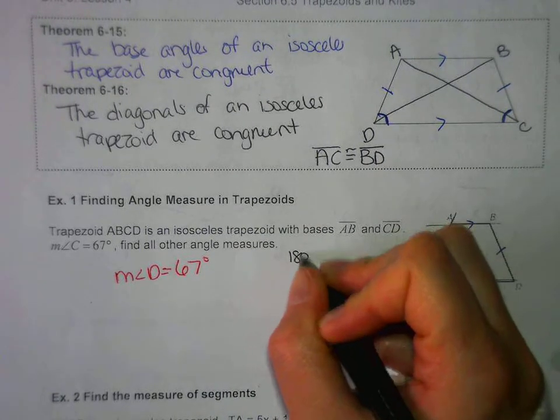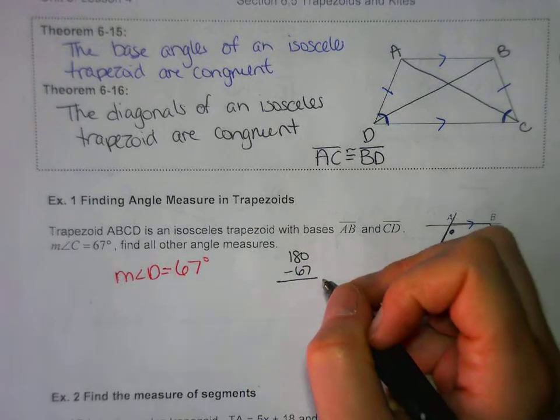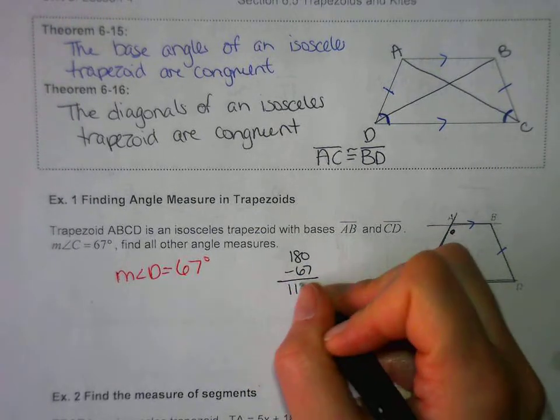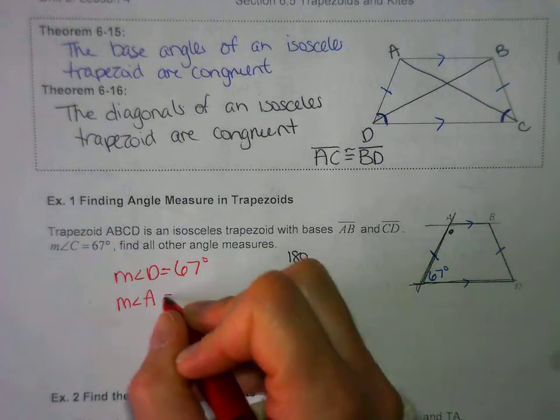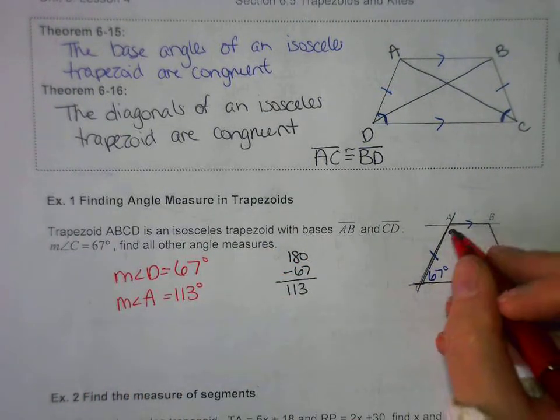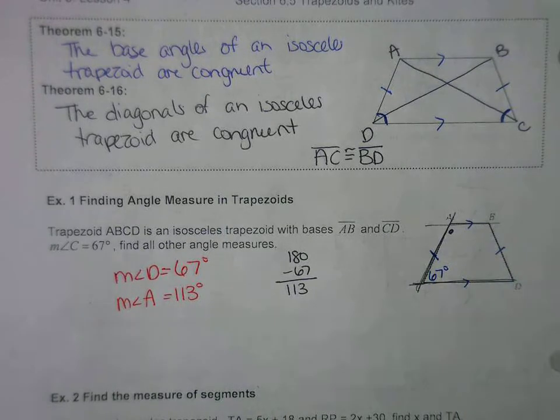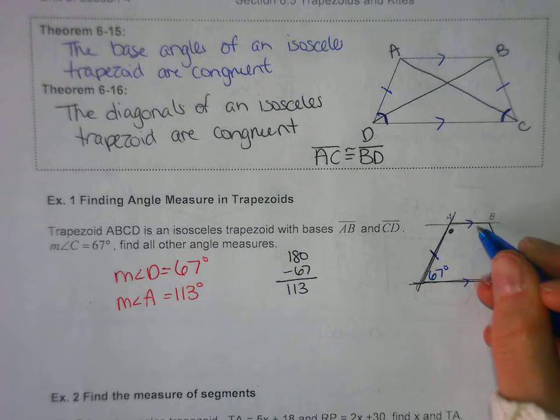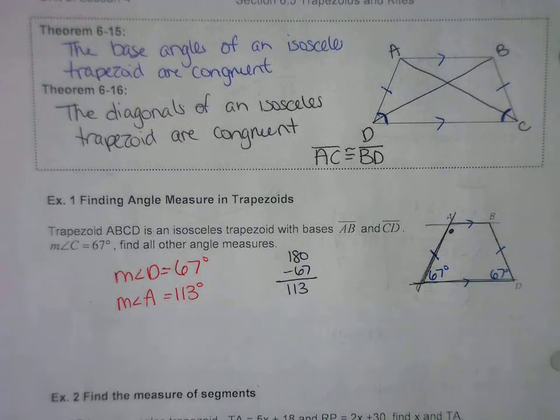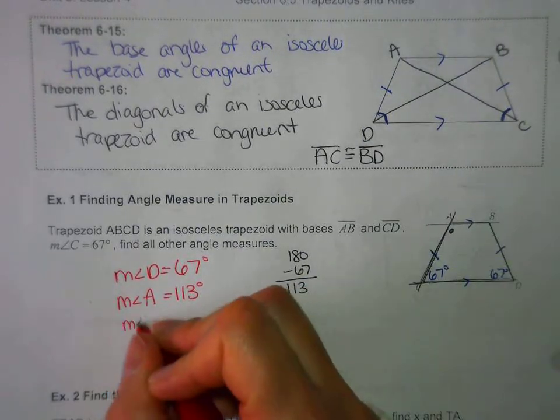So if I do 180 minus 67, we're left with 113. So that means the measure of angle A is 113 degrees. And since angle D is 67 degrees, these two also have to add together to be 180. So the measure of angle B is also 113 degrees.